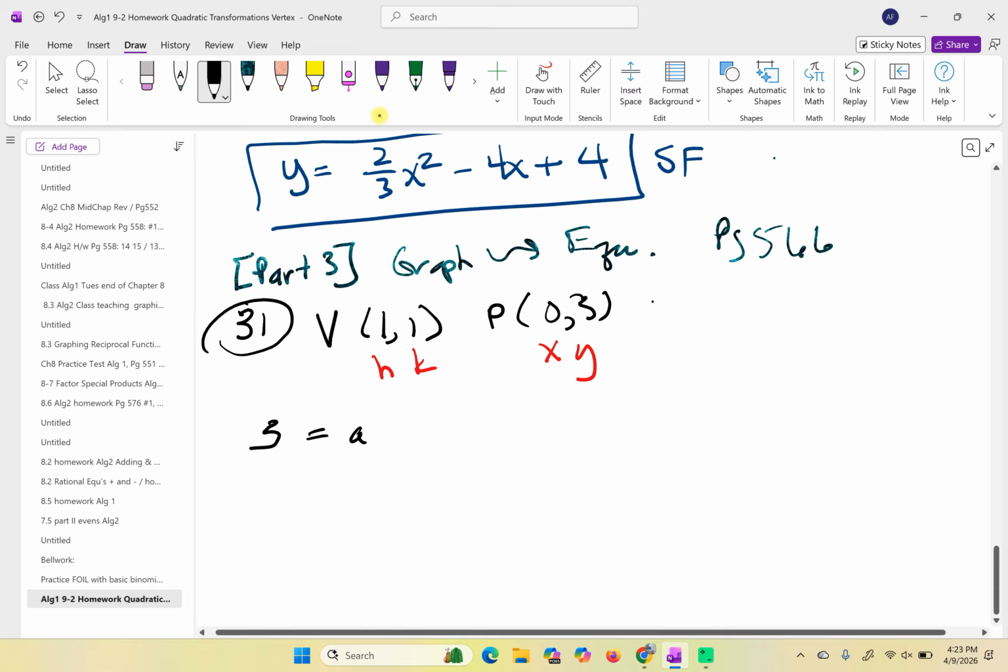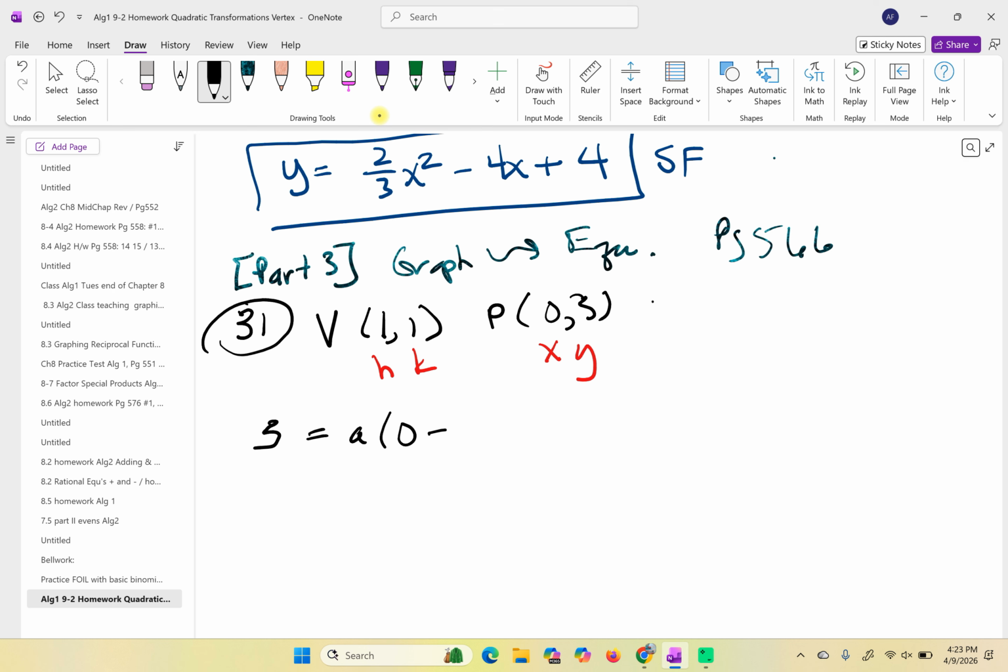Y is 3 equals a times (0 minus 1) squared plus 1.